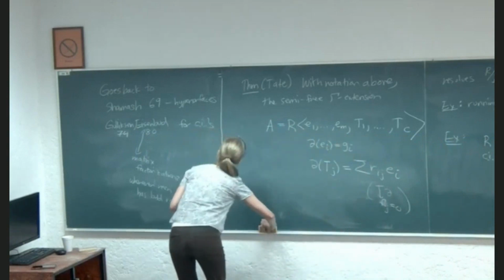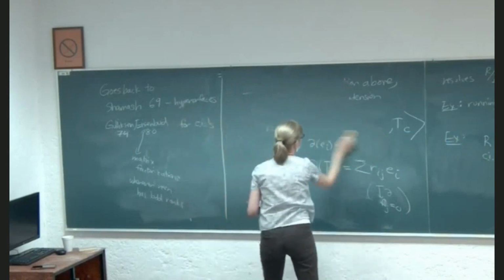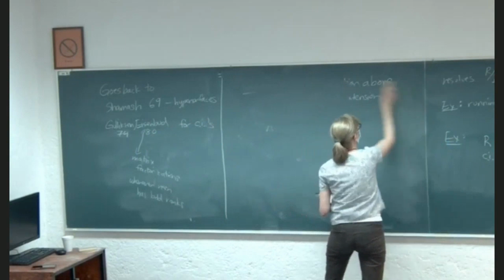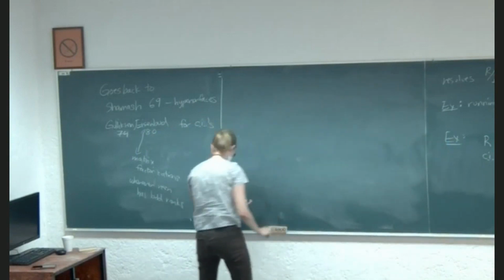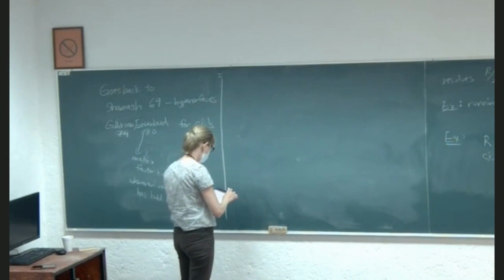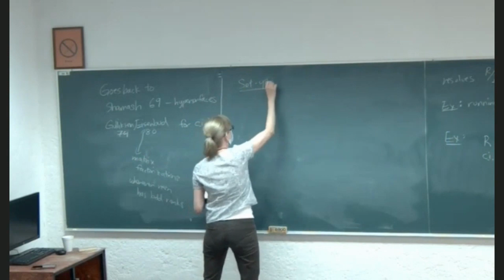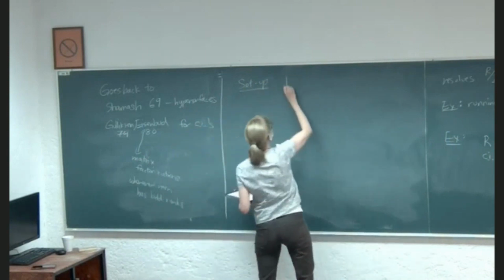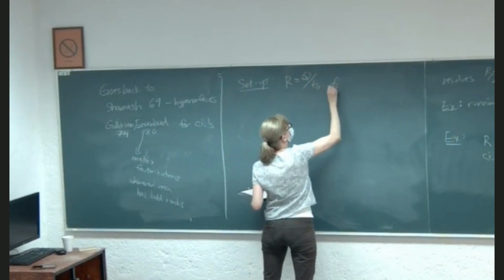Okay, so I'm going to discuss these results, the easier case first. Okay, so here's the setup. We still have the same complete intersection ring, so we have R is Q mod F1 through FC.